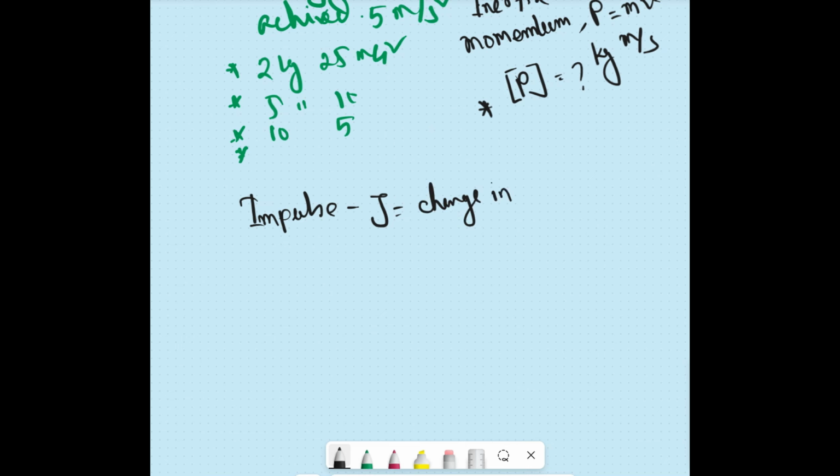Change of momentum, or we could write it down: momentum is mv, so we could write m(v2 minus v1), right?